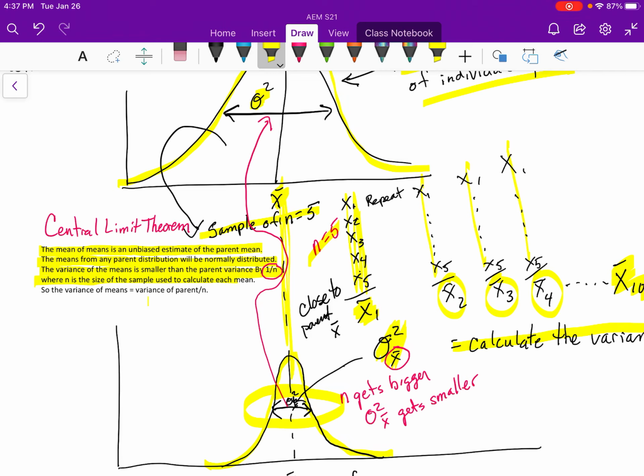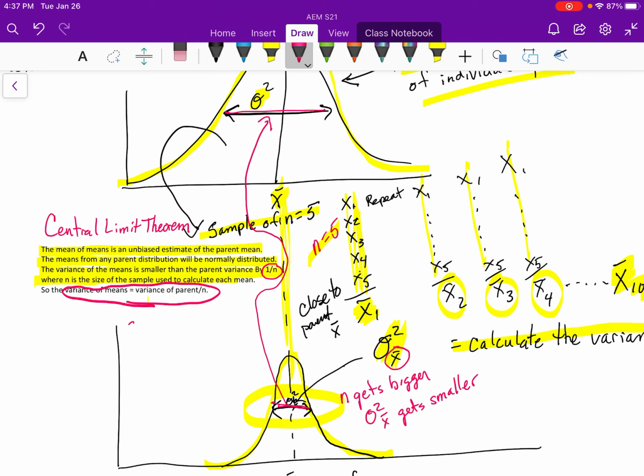So that's pretty profound. What that means is that, and I'm gonna circle this little thing here. This is crazy. That means that the relationship between this number here and this number down here at the bottom is known.